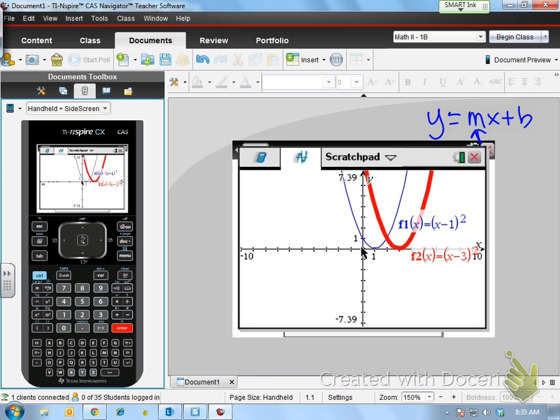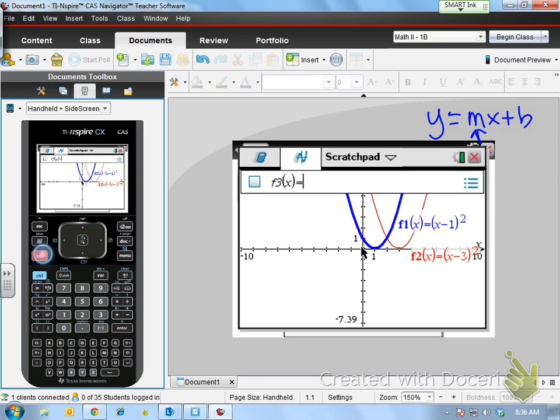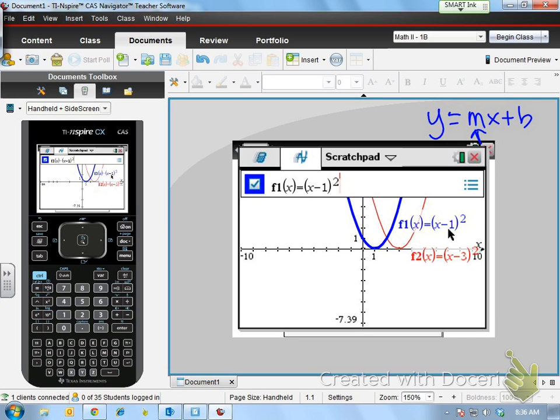How could I slide it to the left? X plus 3. So if we hit tab again, parenthesis, x plus 3, we do need the squared or else it'll give you a line, not a parabola. I did forget to say squared. It must be squared. The very first one is x minus 1 squared. The second one we did x minus 3 squared.